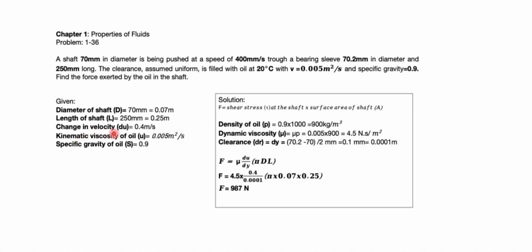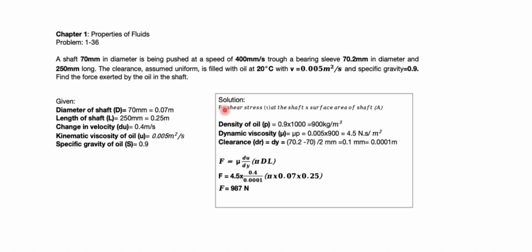Change in velocity, du, is 0.4 meter per second, so we also divide it by 1000. Kinematic viscosity of oil is equals to 0.005 square meter per second, and the specific gravity of oil is 0.9.